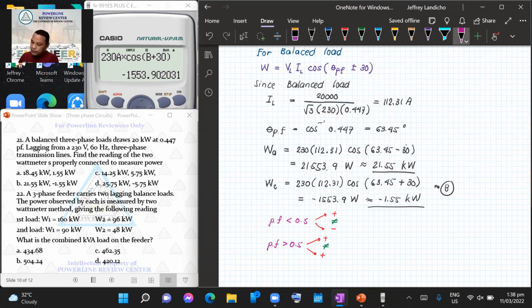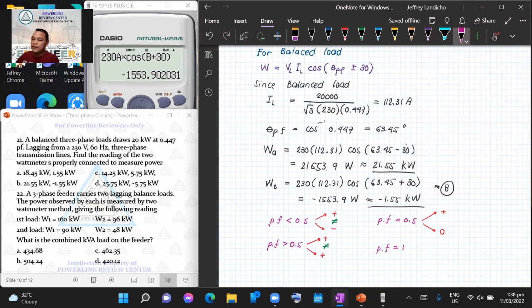Another, if the power factor is exact 0.5, ano expected mo? Yung isa positive, yung isa zero. Automatic zero yung isa pag 0.5. Now, possible po ba, sir, na mag-equal yan? Yes, possible. Kailan siya? Kapag purely resistive.